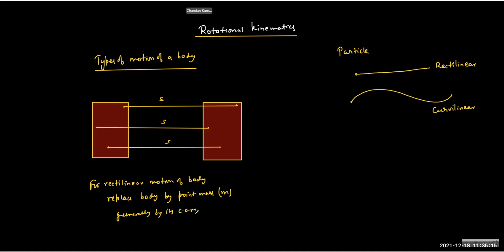So this is what we do. If you want to analyze the rectilinear motion of a body, there is no need to consider the whole body, just consider a point.